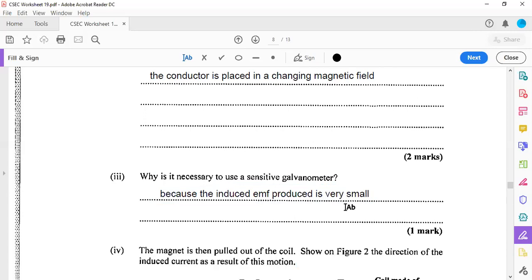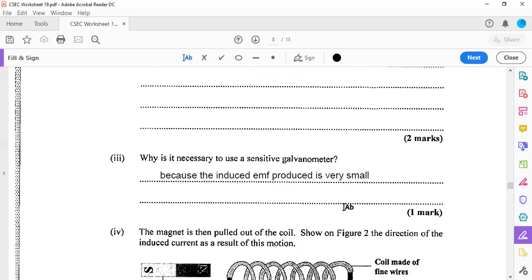Because the induced EMF produced is very small. Right? Because the voltage is so small, you need to use a sensitive galvanometer. Otherwise, if you use a normal voltmeter, you wouldn't really see any big change because of the size of the magnet and it's just a single loop.